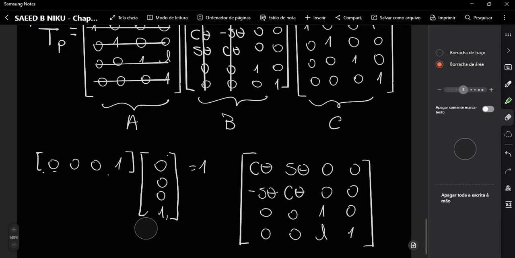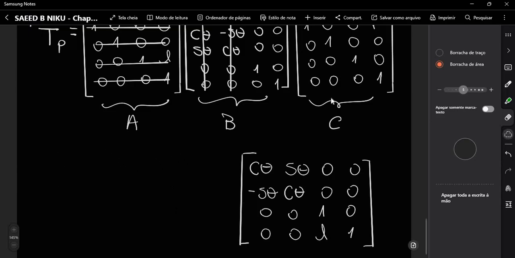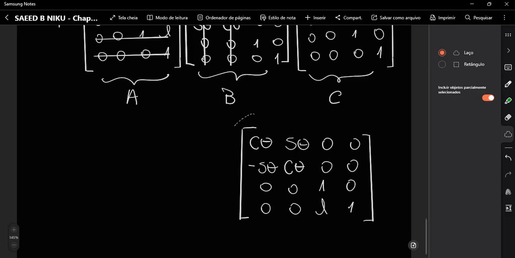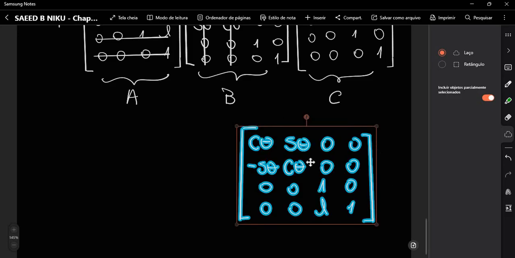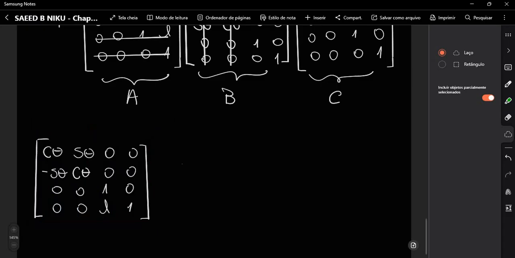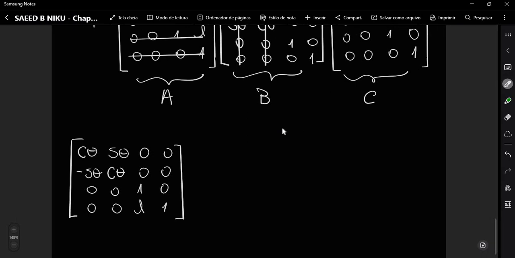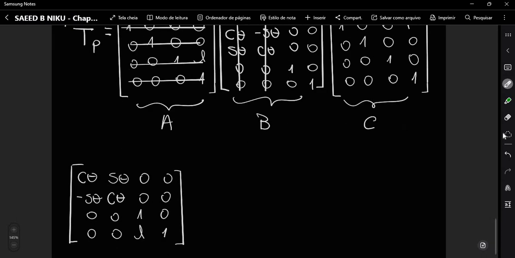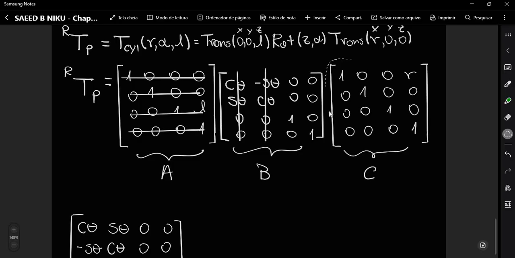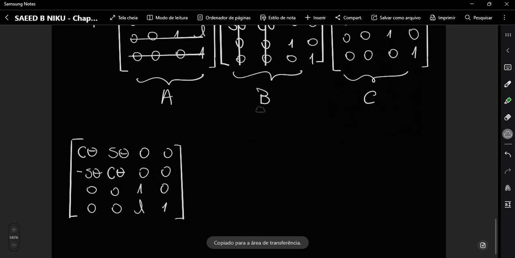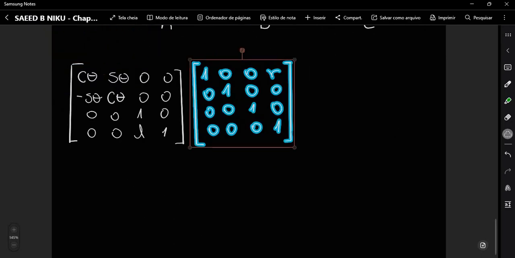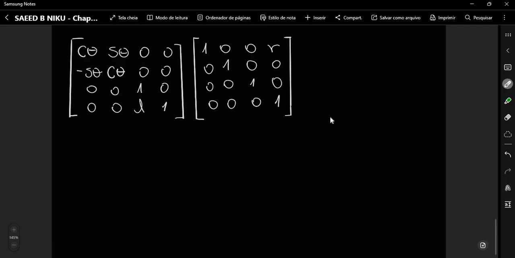Okay, let's see what we will get and compare with the result from the book and after with the Octave. So now times this other matrix. So again, this line by each column.